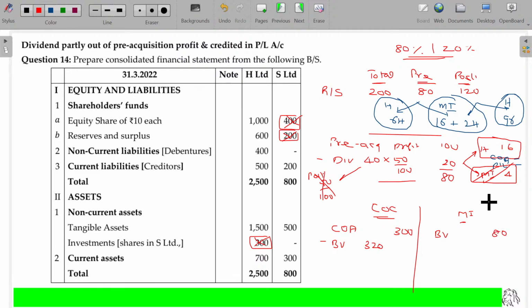Apart from that, total value being 40 and holding company share 96. Here we have 600 rupees. With that, this 96 should be added. And this 16 rupees should be subtracted from here. Pre-acquisition dividend. And another 16 rupees should be subtracted from the P&L account.